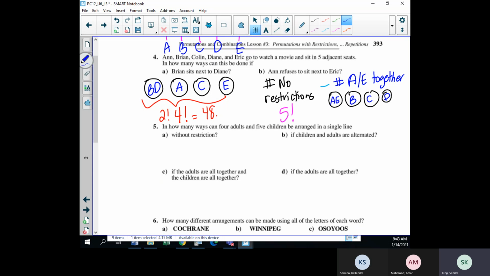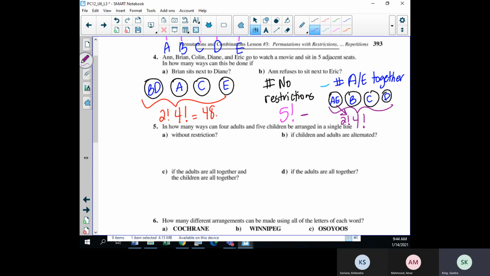So the complement is Anne and Eric together. There are 4 discs, and Anne and Eric together could be Anne, Eric, or Eric, Anne. So 4 factorial times 2 factorial. So this minus that: the number of discs is 4 factorial, but then that disc is 2 factorial. And then you get this one.